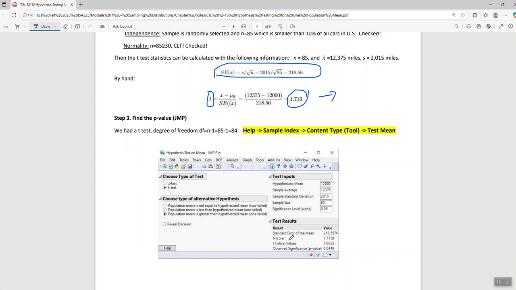The next one, the t-score, is 1.716, which is our t test statistic. You don't need to worry about this calculation yourself, since it is already given here.